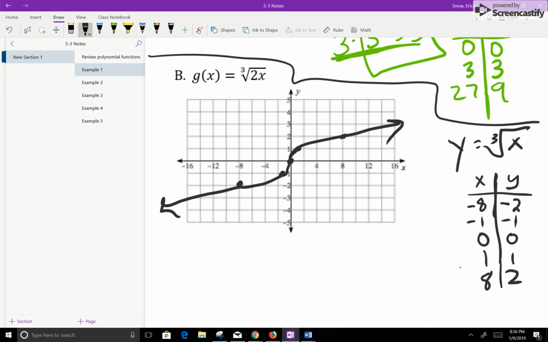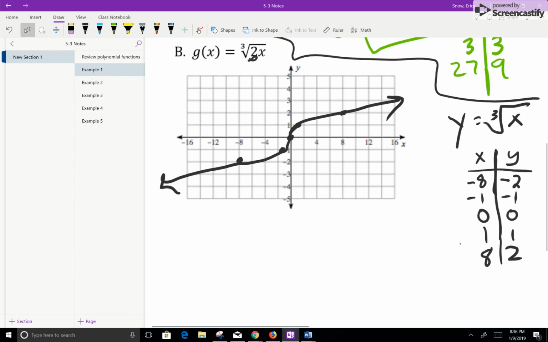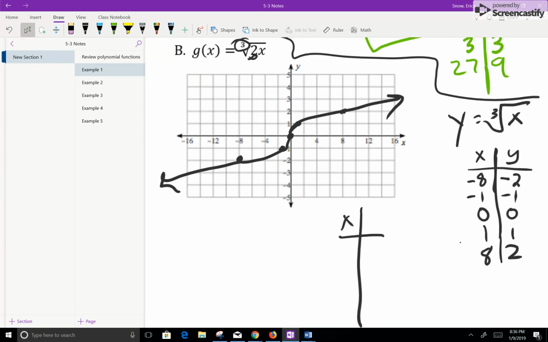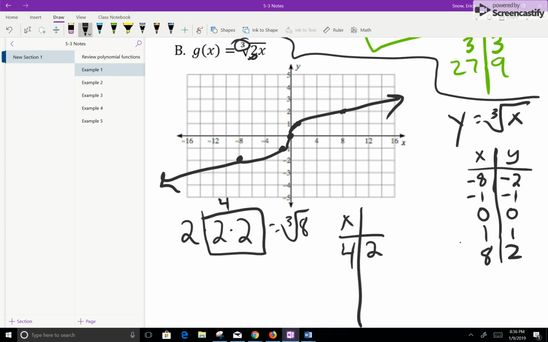So now let's talk about what this is going to look like. When we picked our x's above, we picked squares. But since our index here is a cube, we need to make sure that our x's are going to give us perfect cubes underneath that cube root sign, that radical. So we've got 1, 2. We're going to need to multiply it by 2 more 2's, which means that this is our first x we're going to use. When we plug that in, we get the cube root of 8, which is 2.